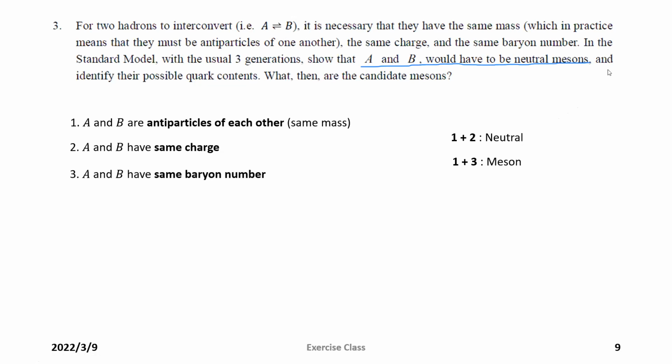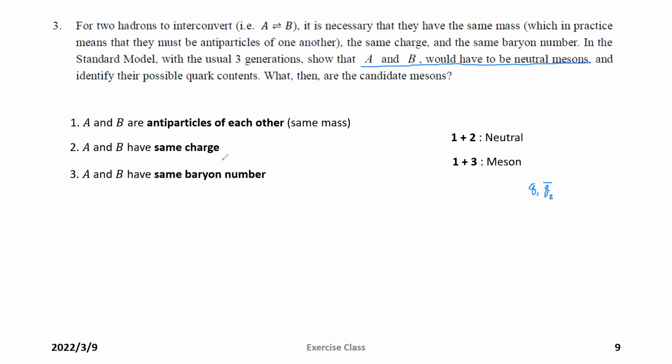And the next step is to identify the possible quark contents. So we know that they are neutral mesons. And just to remind you that a meson is composed of a quark and antiquark.